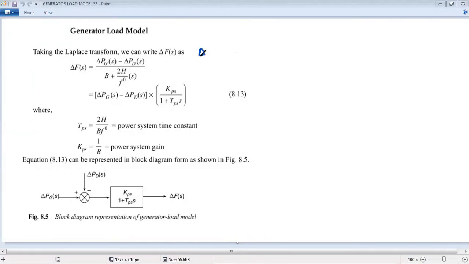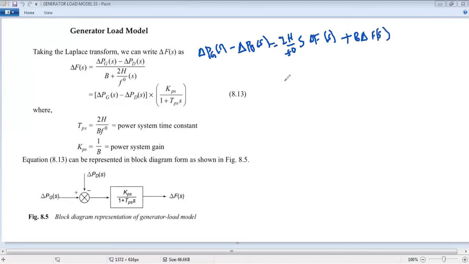For this equation, ΔPG(s) minus ΔPD(s) equals a constant, 2H by F naught multiplied by d/dt of ΔF, that is s into ΔF(s), plus B into ΔF(s).